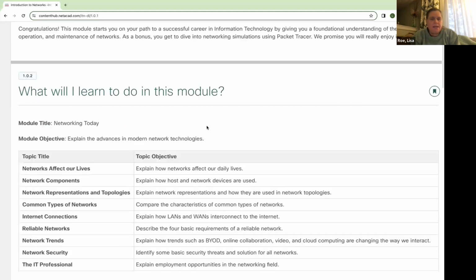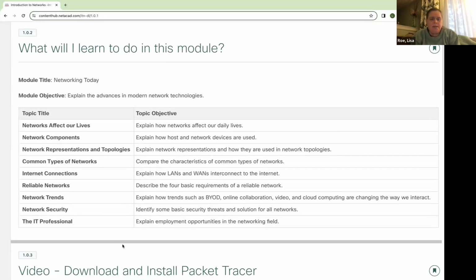So in this module, we're going to be introduced to a lot of vocabulary, and in your assignments, you're going to be introduced to the packet tracer software that I introduced in my course overview. So we're going to just talk about what networks are and some of the components, and the networking components will be reinforced through the packet tracer, their representation and what they are.